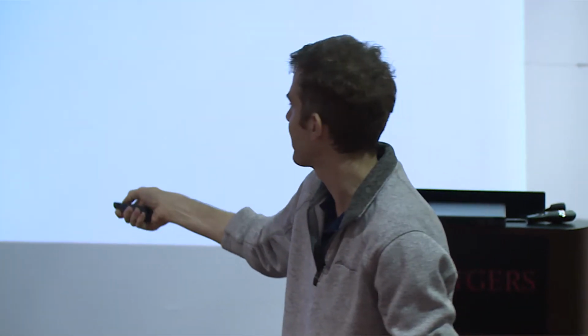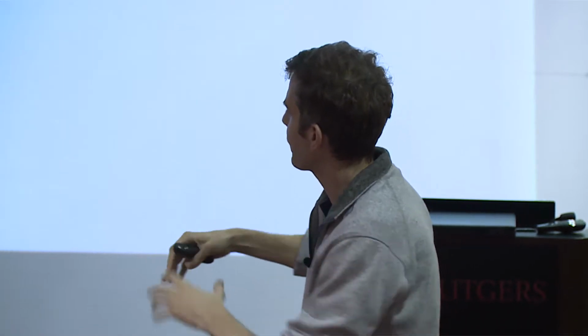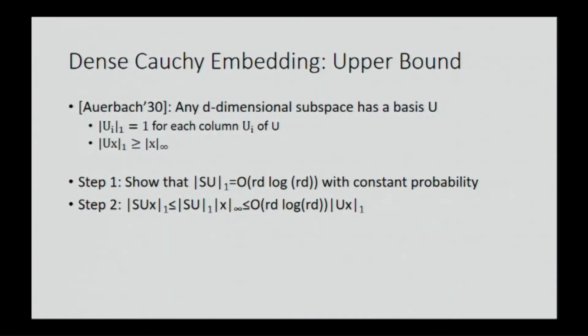So it's sort of using a global event. You're saying the 1 norm of the matrix SU, this small matrix, is order RD log RD. And then you're using this nice property in the basis to say that the 1 norm of SUx is at most the 1 norm of Ux. And here's where you use the second property. That's the whole argument for a subspace embedding.